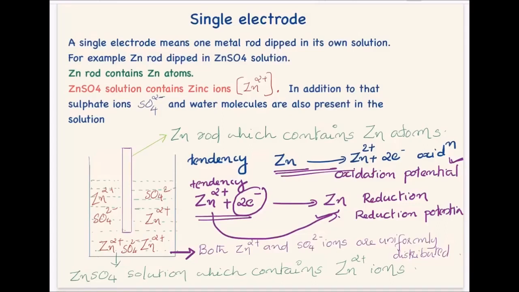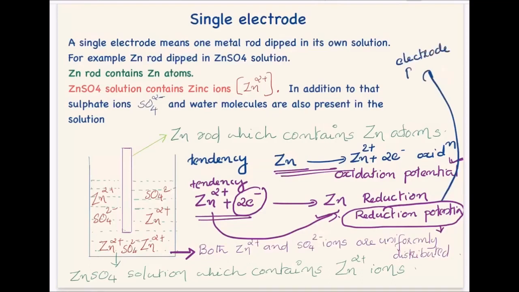Clear? Now onwards, instead of reduction potential, I will use the word electrode potential. Actually, electrode potential is reduction potential. So two tendencies: to get oxidized, we call it oxidation potential.